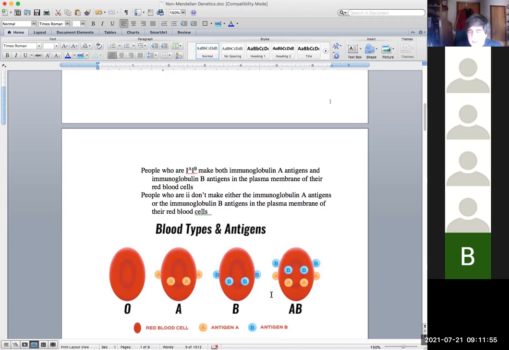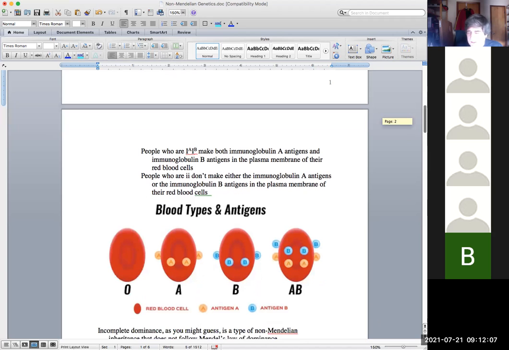So notice for the blood types here, there are 4 phenotypes: type O blood, type A, type B, and type AB. And these reflect the types of proteins, the type of antigens that we see in your red blood cells. Now, keep in mind, there are lots of antigens in the red blood cells. There's another type of antigen called the Rh antigen. And if you have the Rh antigen, that's when you're A positive or B positive or O positive.